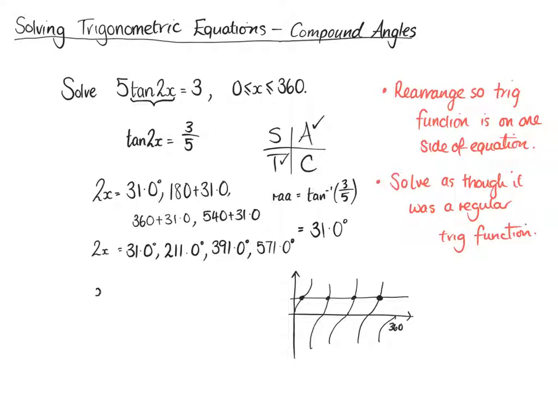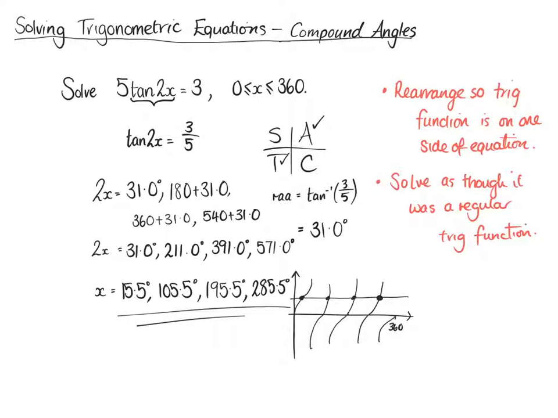Now that we've found our 2x, we can find our x by dividing all of these by 2, which gives us 15.5 degrees, 105.5 degrees, 195.5 degrees, and 285.5 degrees.